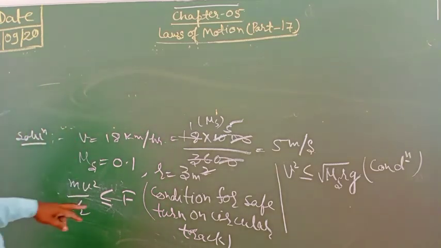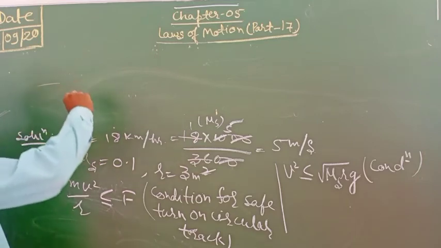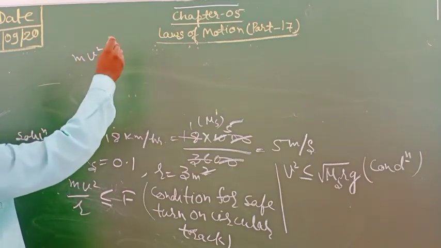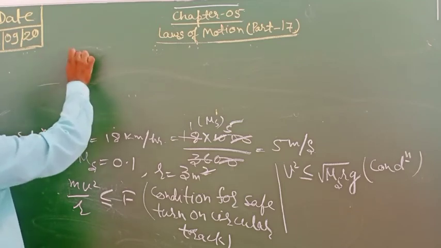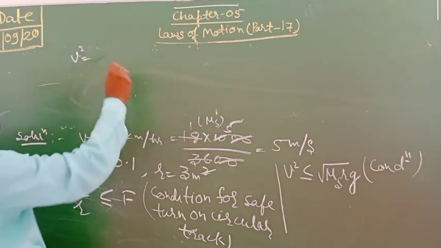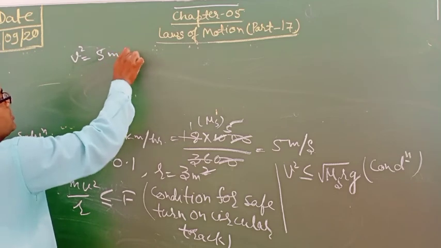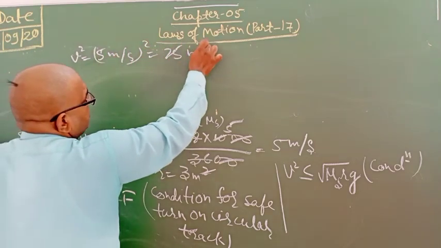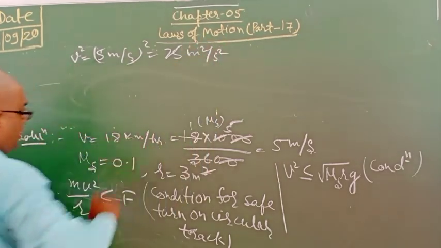Clear, students? So look here. We will check the condition, v square against mu s r g. V square is equal to 5 meter per second whole square, that is 25 meter square per second square.